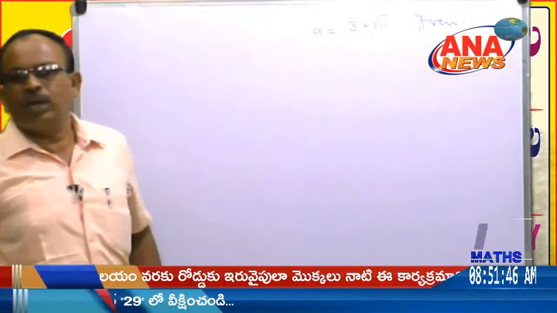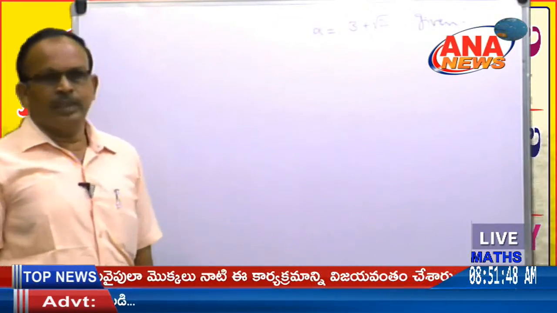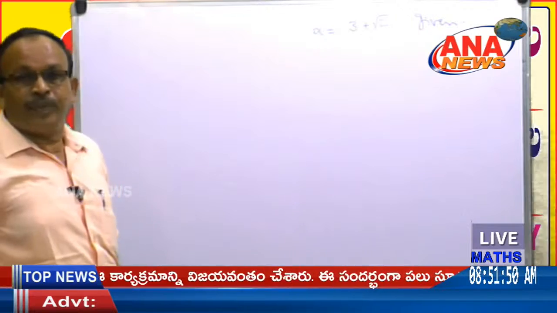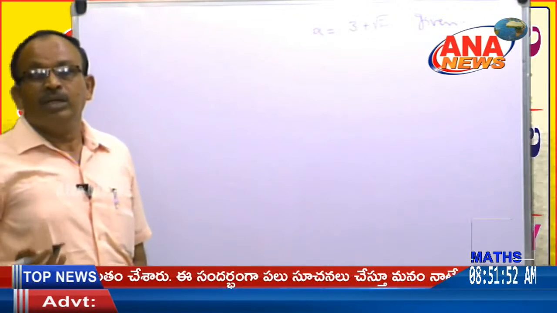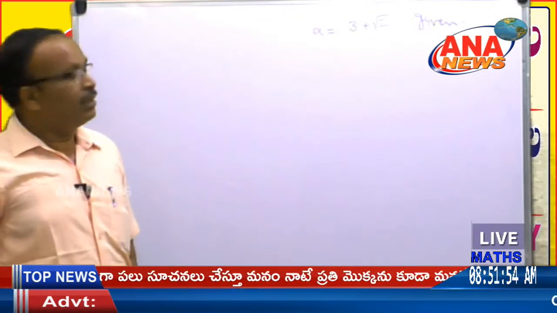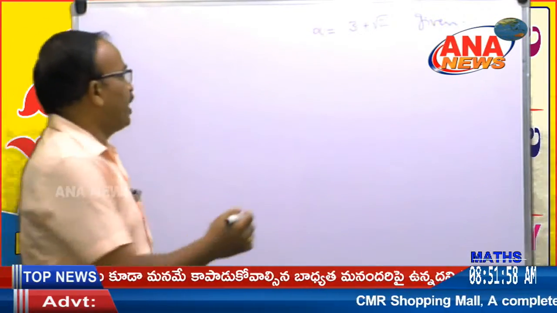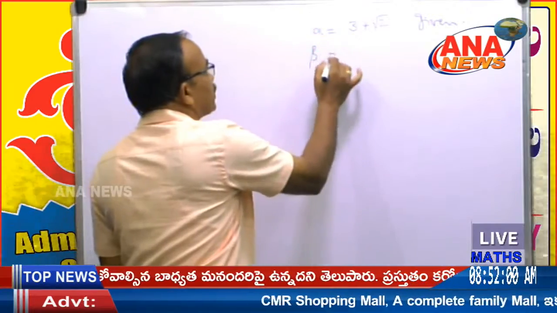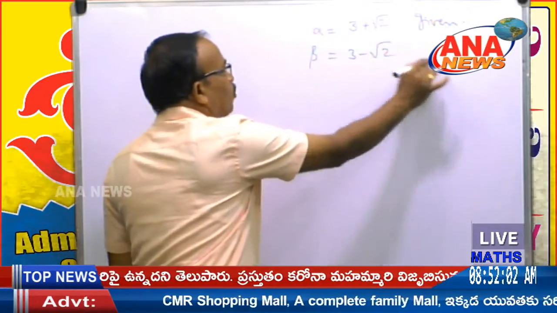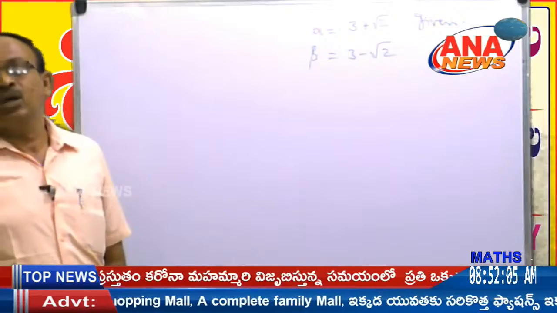Automatically, if one root of a quadratic equation is a surd, the other root is its conjugate. So beta is equal to 3 minus root 2.